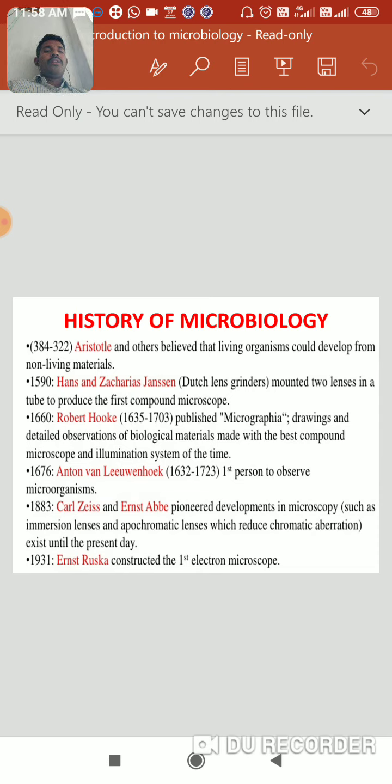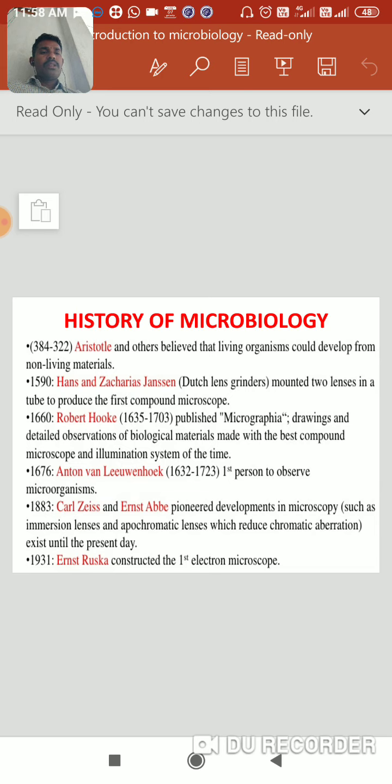The 19th century, from 1860 to 1910, was the golden age of microbiology, because a lot of microbial discoveries happened in between these years. The first recorded microbiological observation, the fruiting bodies of mold, was made by Robert Hooke in 1665. Bacteria were first observed by Antony van Leeuwenhoek in 1676 using a single lens microscope of his own design.